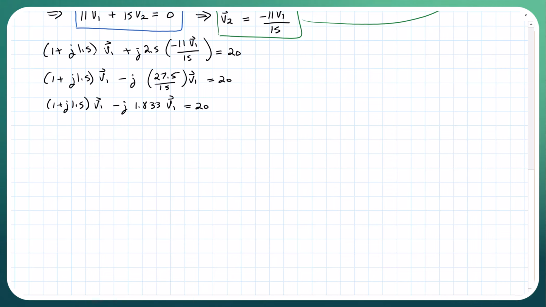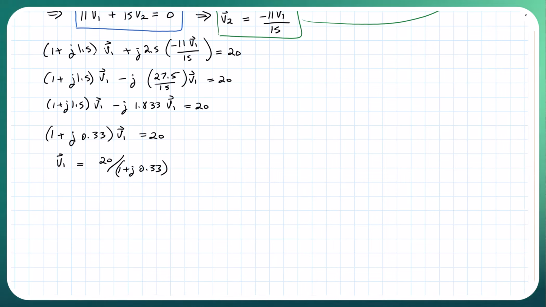And now we can combine the imaginary parts. We get 1 plus j0.33 V1 equals 20, and then that gives us V1 equals 20 divided by 1 plus j0.33, and then it's just a matter of converting to the format that we prefer.